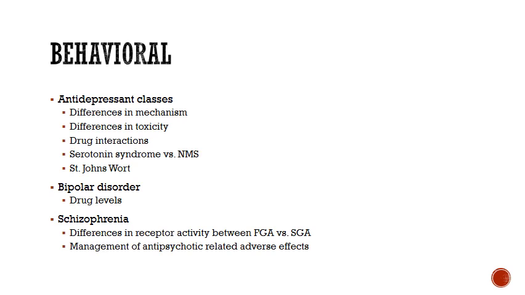So be aware of the differences in toxicity from a monoamine oxidase inhibitor versus a serotonin norepinephrine reuptake inhibitor. Also be aware of the drug interactions, especially with the monoamine oxidase inhibitors. Be aware of the interactions with tyramine containing foods and how that can affect the patient.